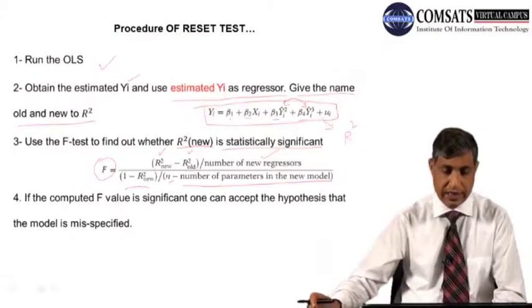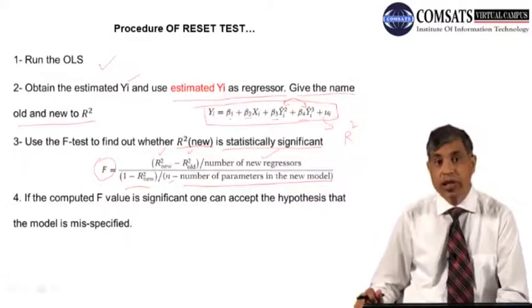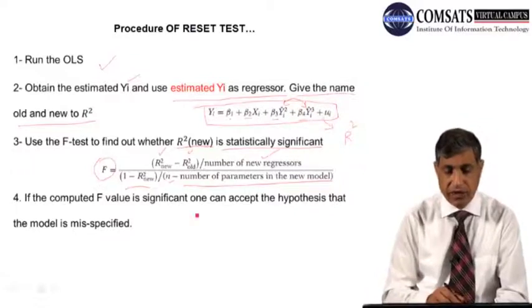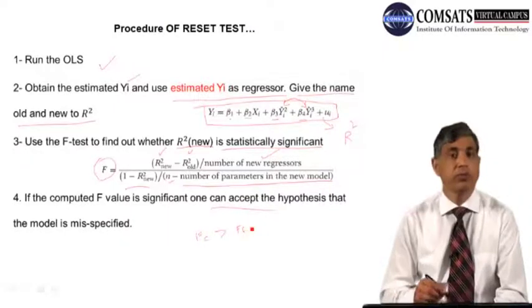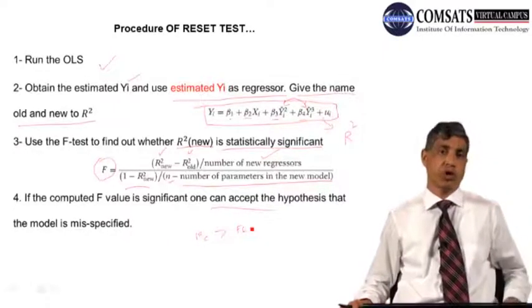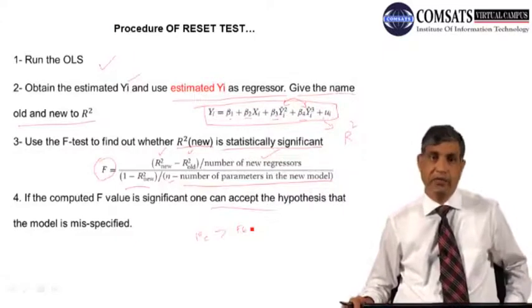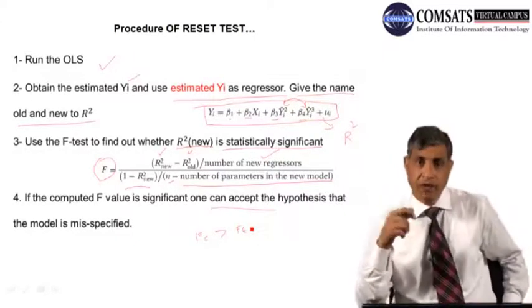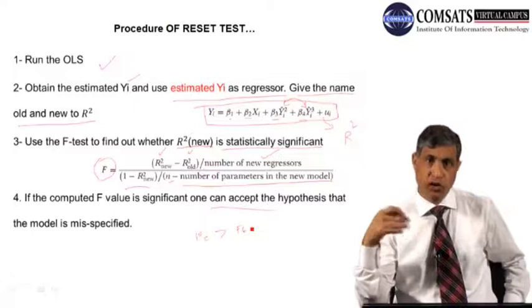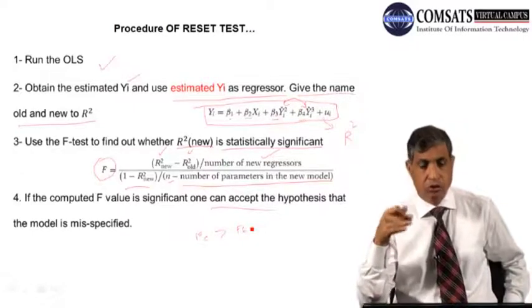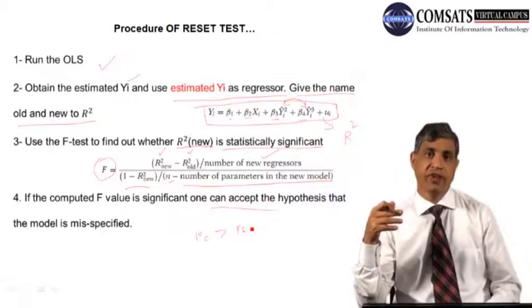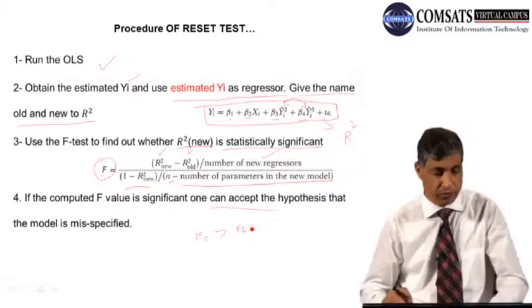Significant means the computed F value is greater than the F tabulated value. There is a table of the F distribution. You can easily get the value if you have the number of observations n and, looking at the degrees of freedom, you can go to the F values and find the F value.